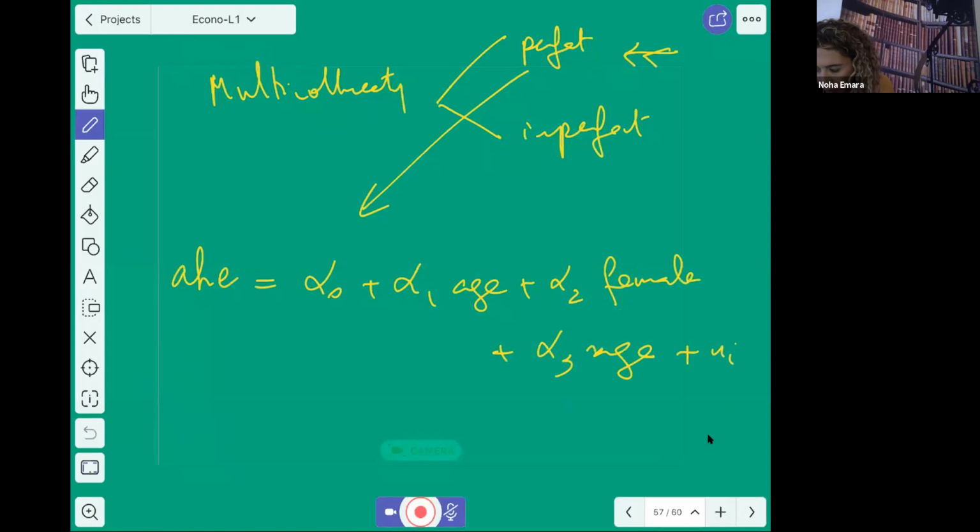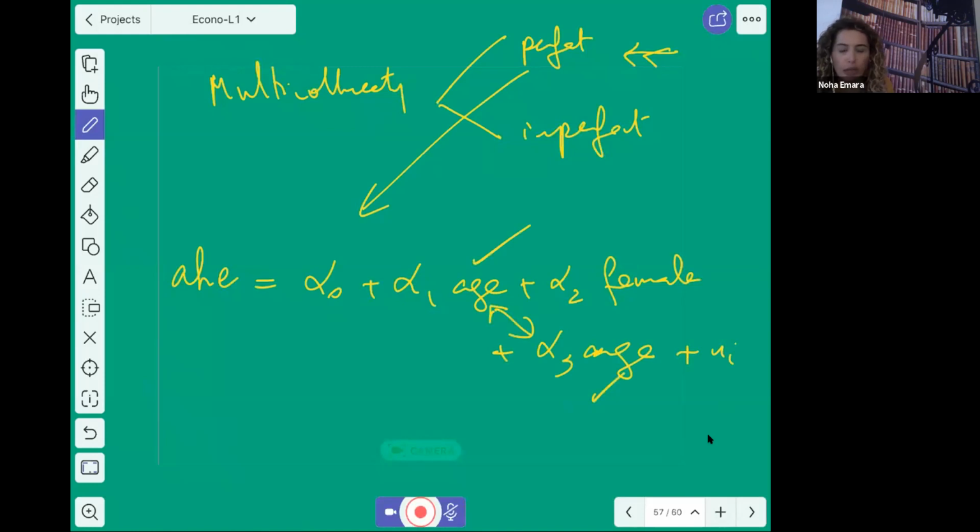What I did here is I repeated a variable by mistake. If I repeat a variable by mistake, like I have age and age, then I'm creating a perfect multicollinearity because age and age are 100% collinear, because they are actually the same variable.